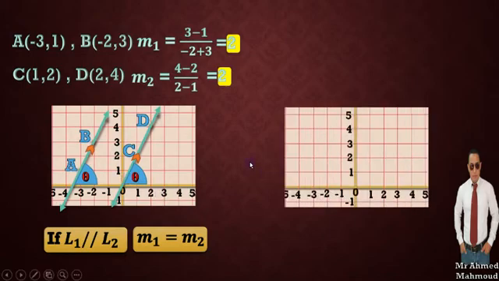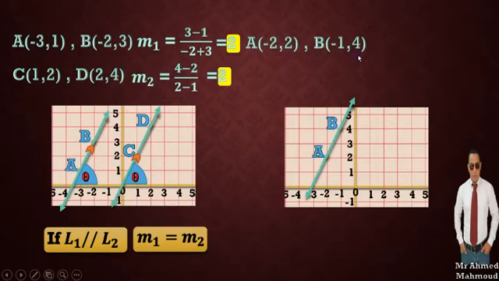Another example. Here in this graph, if we have a point A equals (-2, 2) and point B equals (-1, 4), by connecting them we get this straight line. Let's evaluate its slope. It equals (4 minus 2) over (-1 minus -2), which is 2 over 1, equals 2. Another example.